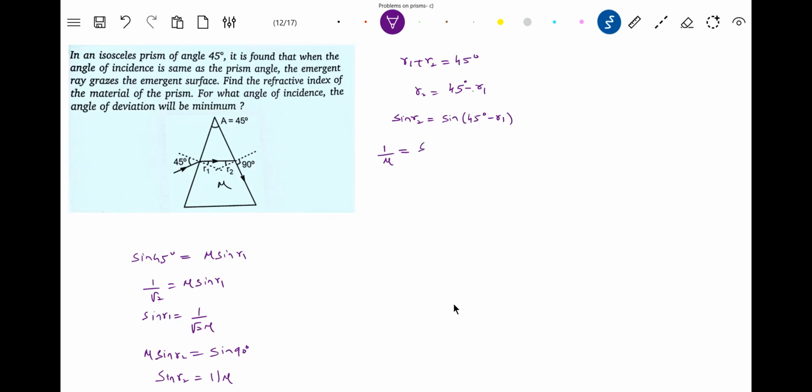Sine 45 cos r1 minus cos 45 sine r1. So 1 by mu equals 1 by root 2 cos r1 minus 1 by root 2 sine r1. We'll substitute all the values.